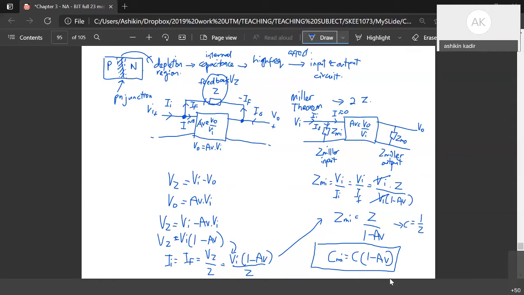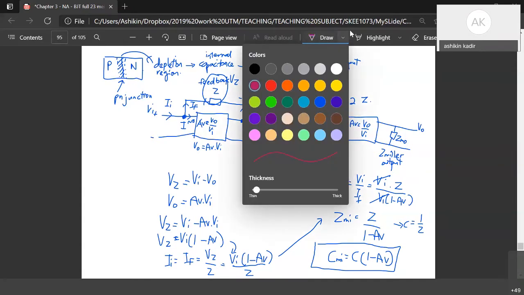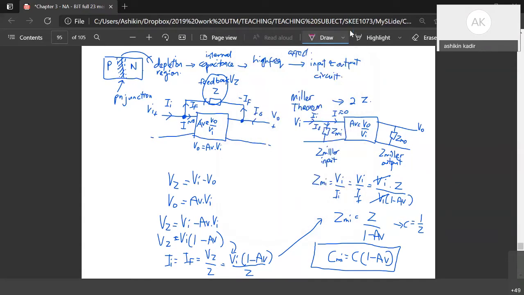Right? So for the Z Miller output here, okay, for the output, ZMO will be equal to voltage divided by current. So the current is, this one is, so ZMO equals VR divided by IF.